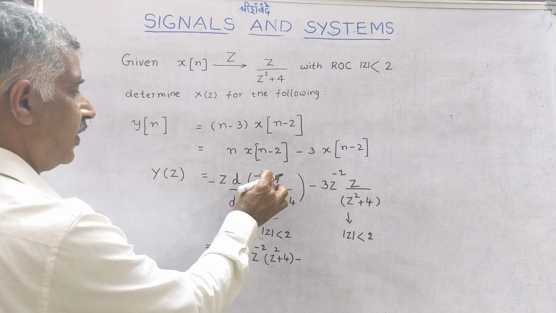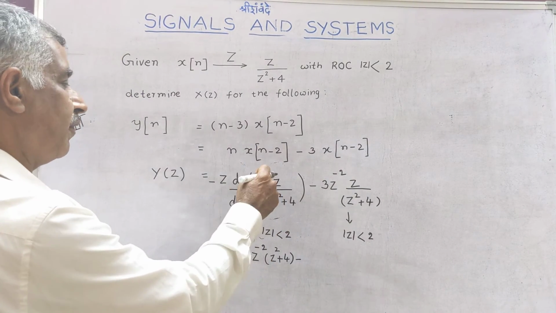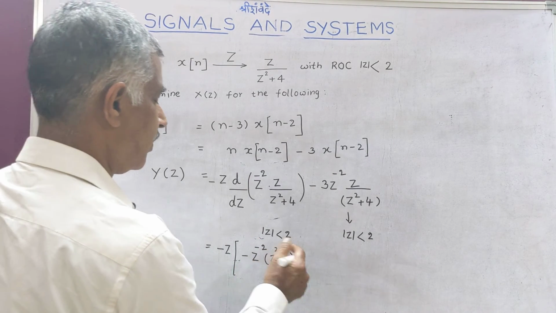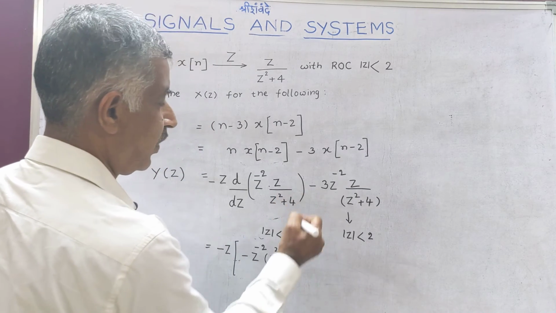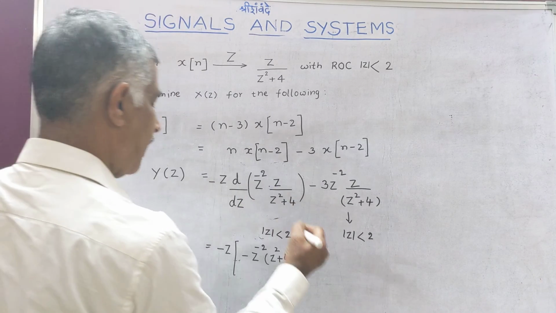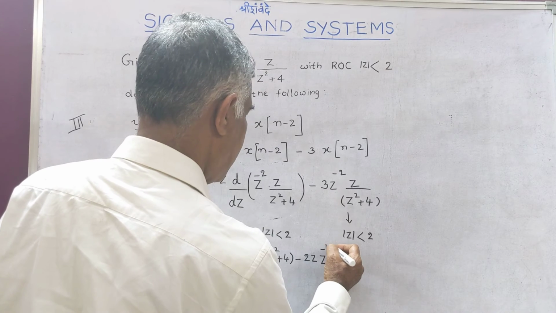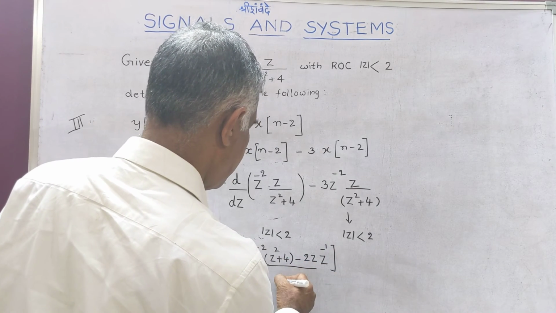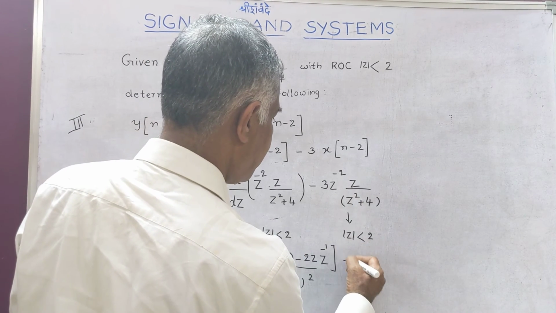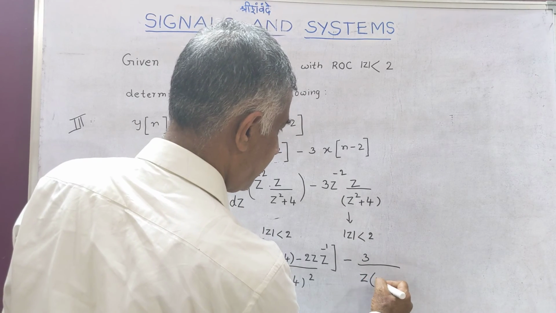First I differentiated the numerator: z to the power of minus 1 differentiated is minus z to the power of minus 2, into z square plus 4, minus z square plus 4 differentiated, that is 2z, multiplied with z to the power of minus 1, divided by z square plus 4 whole square. Next, minus 3 by z into z square plus 4.